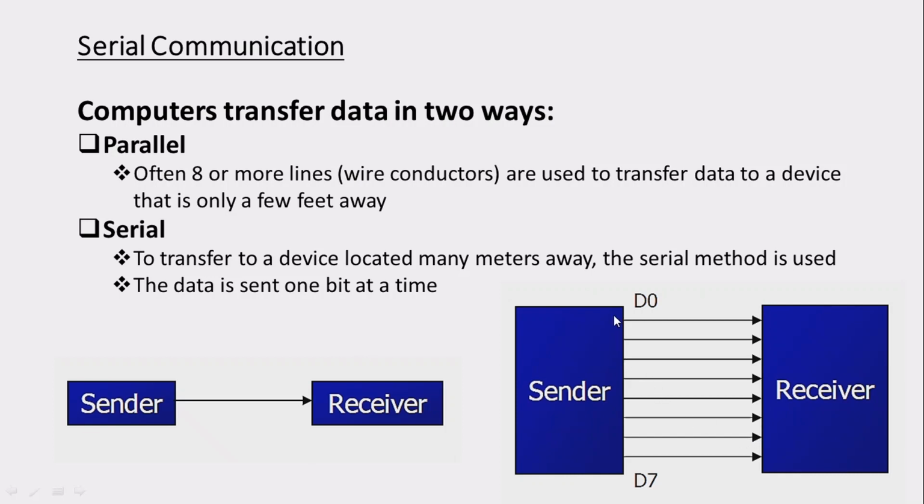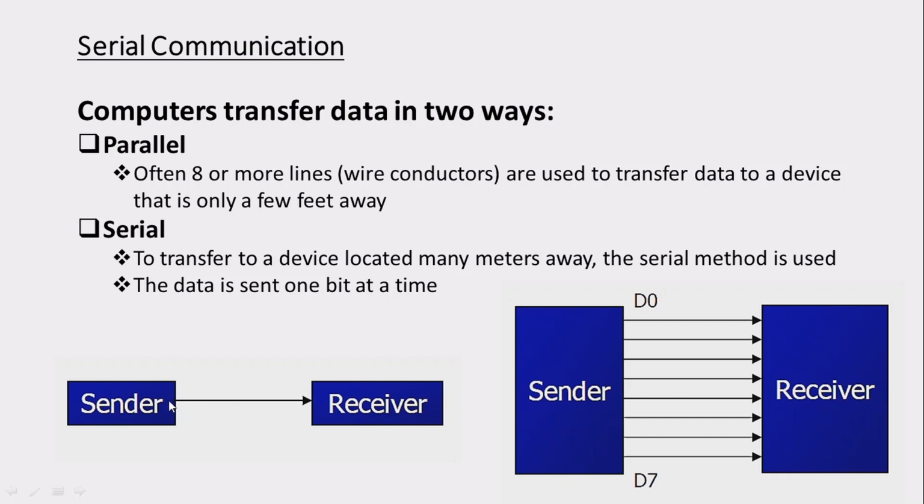Now if you take parallel communication, as we said, all the 8 bits of data are going to be sent in only one clock cycle. But if you want to send the data in terms of serial communication, as we have said, I can send only one bit of data at a time. So one clock cycle is required in order to send one bit from sender to receiver.